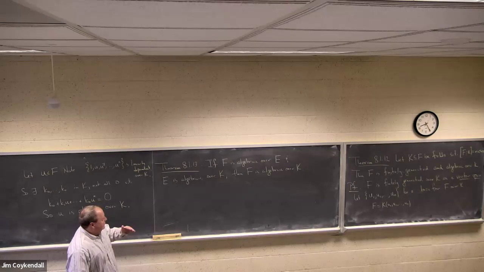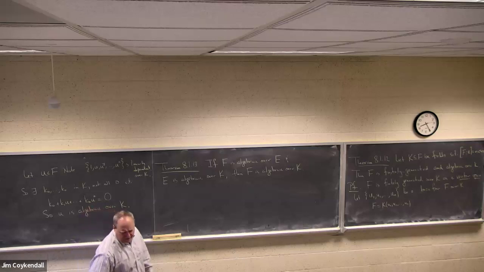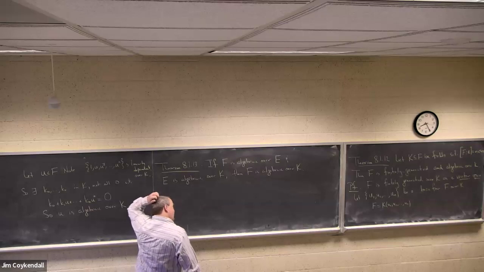If E over K is algebraic and F is algebraic over E, then you're good to go. Okay, so how do we prove this?